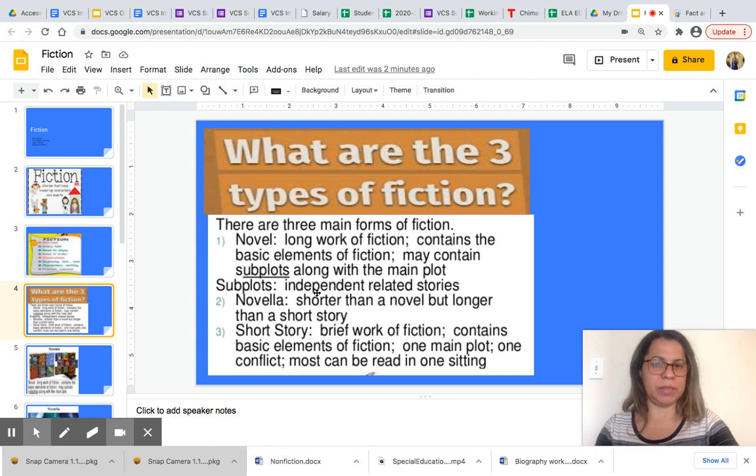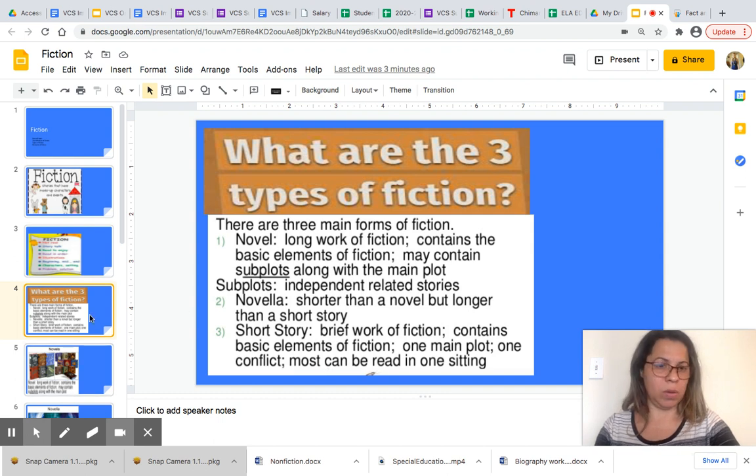Independent related stories. What's a novella? It is shorter than a novel, but longer than a short story. And the third one, short story, is a brief work of fiction, contains basic elements of fiction, one main plot, one conflict, and most can be read in one sitting.